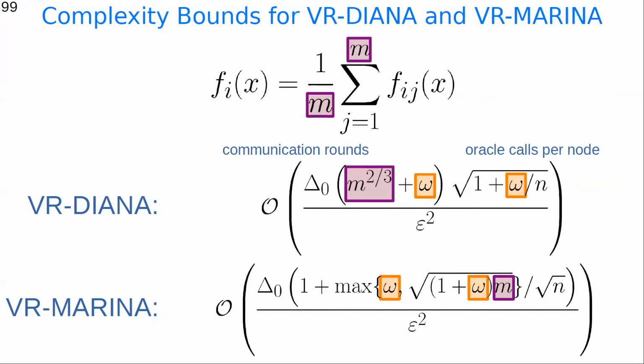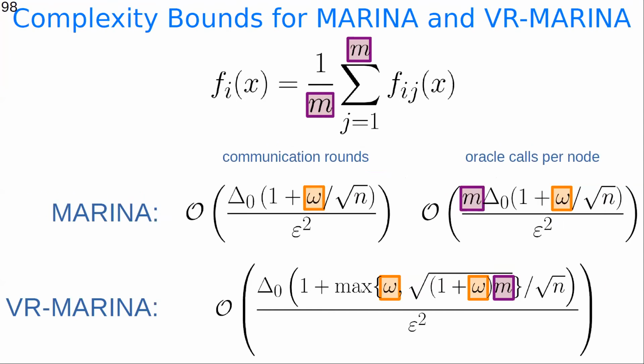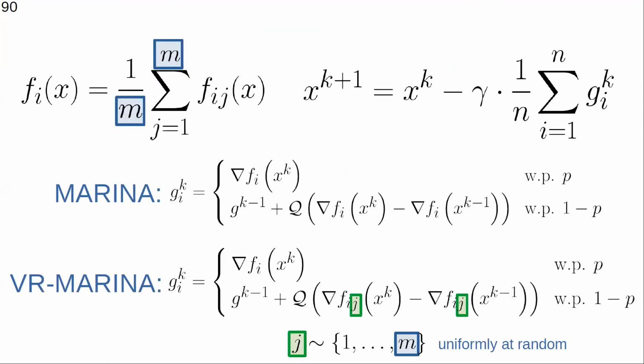But if we additionally assume the finite sum structure of the client loss, variance reduced MARINA does not become the PAGE algorithm, because in PAGE with probability p we would compute a stochastic gradient, but variance reduced MARINA in a single node setup would compute with probability p the whole gradient of the local loss function.